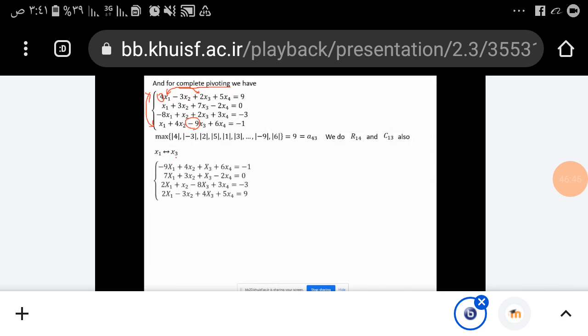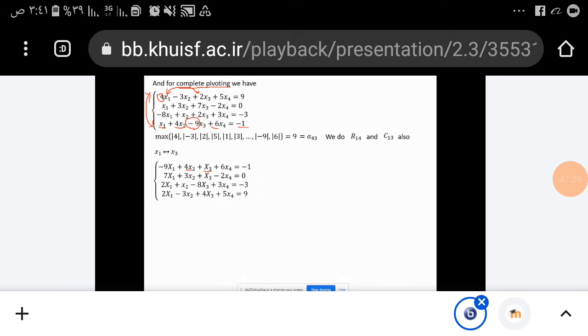So we will have -9 x1 big, this is x3, 4 x2, x3, that is this one, x1, plus 6 x4 is equal to minus.